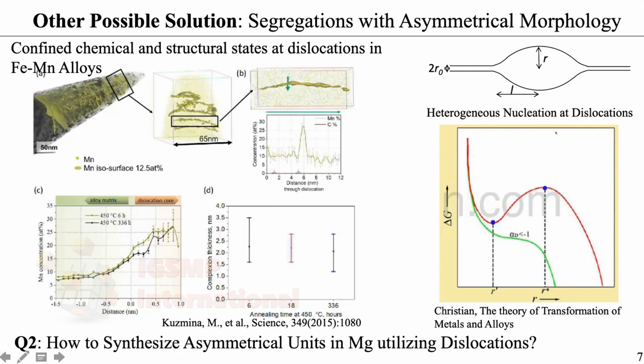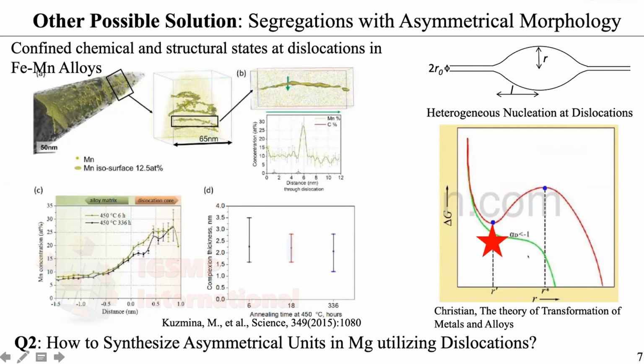And this is not too far from the fundamental science we've been starting from. If you go back to heterogeneous nucleation at dislocations, under some conditions, if we have the proper interface energies, that's the segregation and matrix interface, and the proper dislocation nucleation energies, then in certain conditions we will be able to form barriers, so that these segregates form at the nanoscale, and then they won't grow, because of the energy barrier to cross.